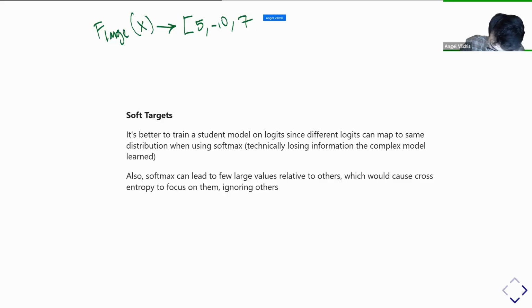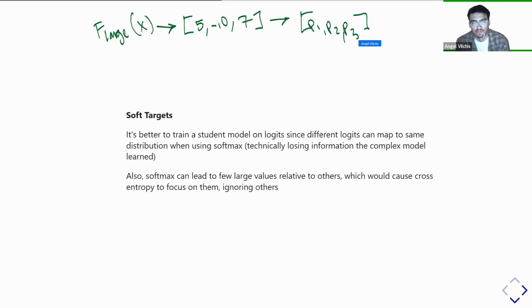Then after that, we feed it through a softmax, and we get a probability distribution, P1, P2, P3, where P3 would be the highest one. And we label the unlabeled data. Like, let's say this is an unlabeled example, and this is model compression.